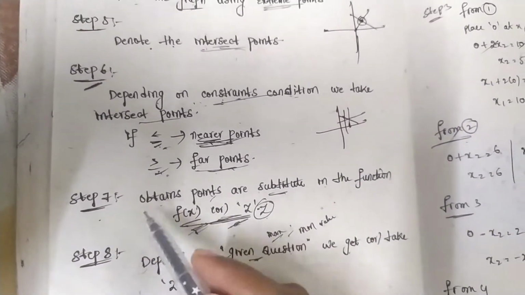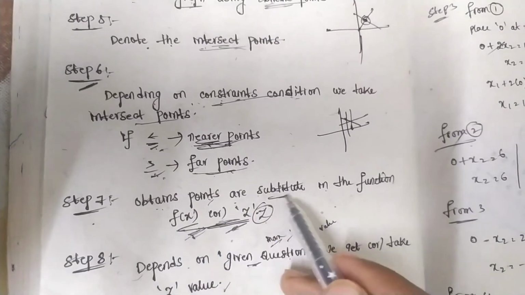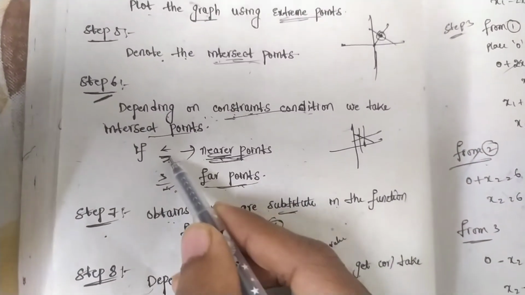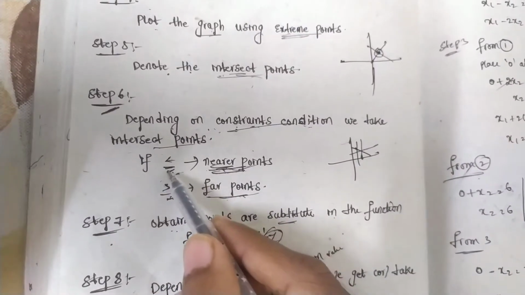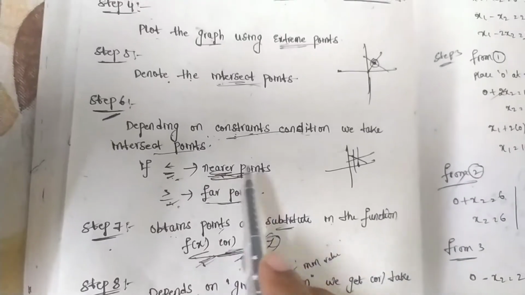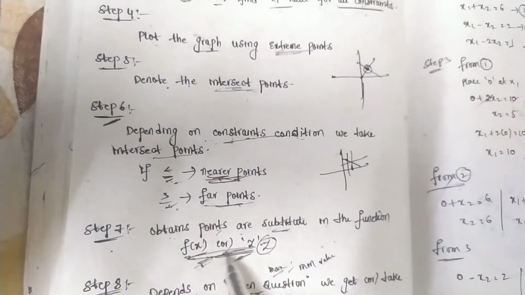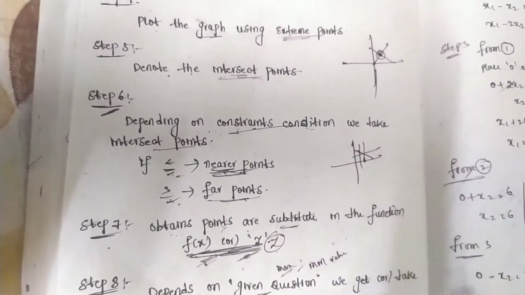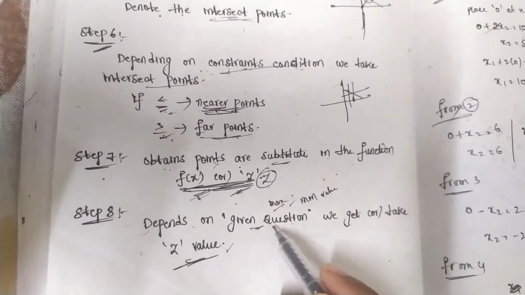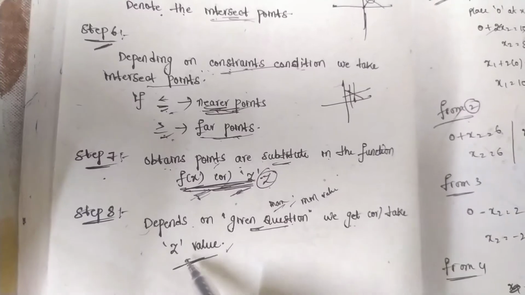In step 7, the obtained points are substituted in the function f of x. Depending upon the constraint condition, we take the nearer points or farther points, and these points we substitute in the given objective function f of x or z. Finally, the last step: depending on the given question, we take the z value.